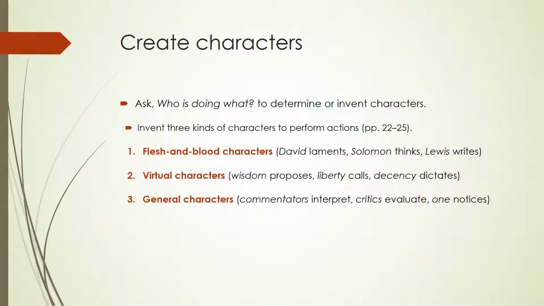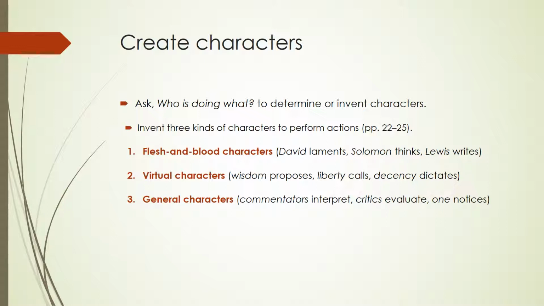In general, it's best to choose the most specific character you can find. Ask who is doing what to determine or invent characters. Now we can invent or choose 3 kinds of characters to perform actions. There's flesh and blood characters, which are the best.